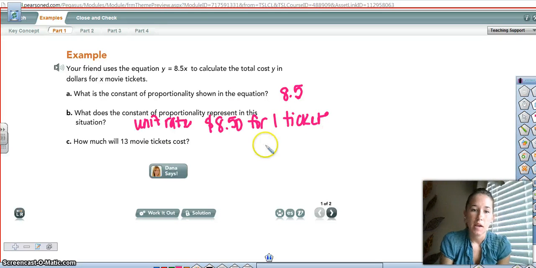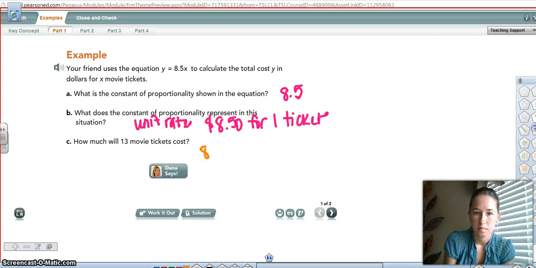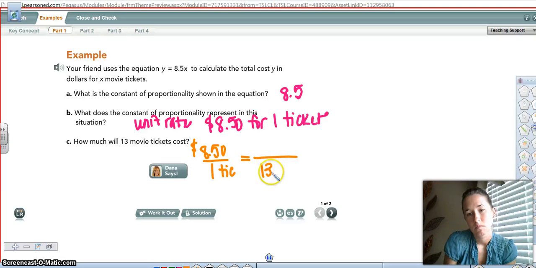Since we know the unit rate, we can easily calculate how much 13 movie tickets will cost. We simply need to multiply by 13.